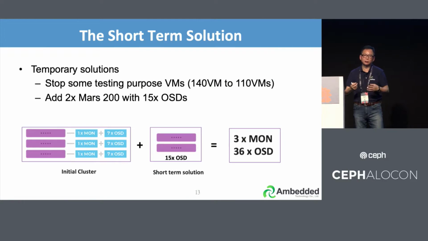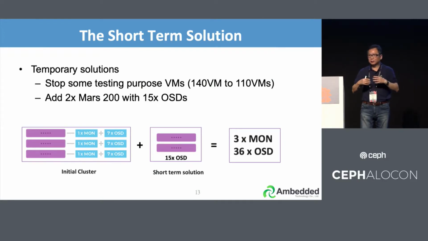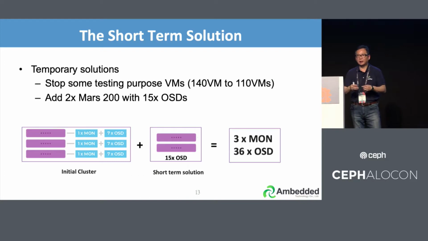The short-term solution is that they have spare servers, so they quickly deployed another 15 OSDs into this cluster to release the load on every OSD.